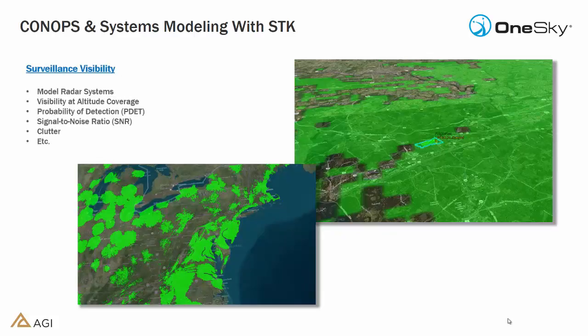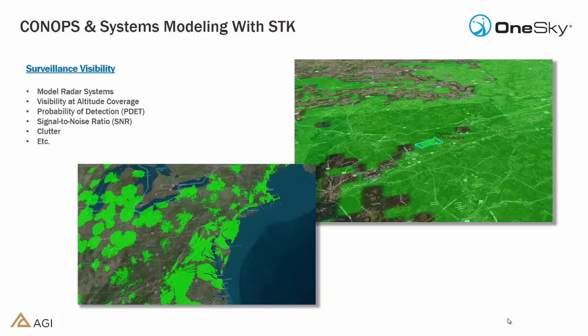And understanding visibility from surveillance systems. So you may be operating on a range, or maybe somewhere you're interested in predicting whether or not the aircraft itself is going to be visible by a known radar location.